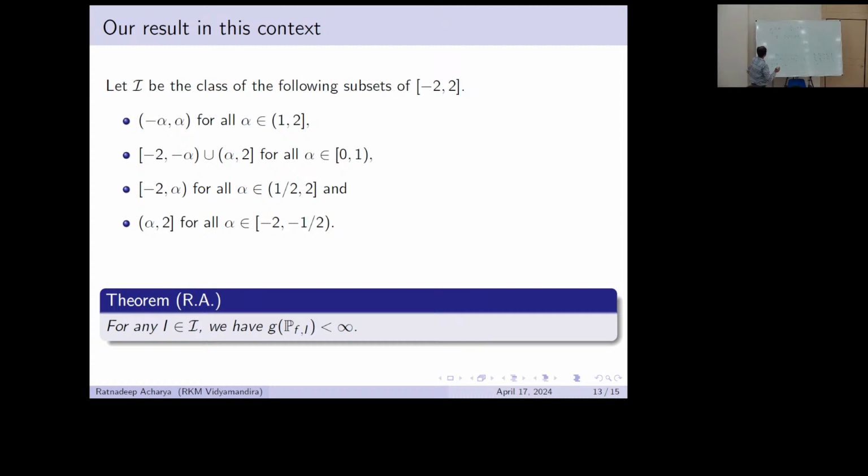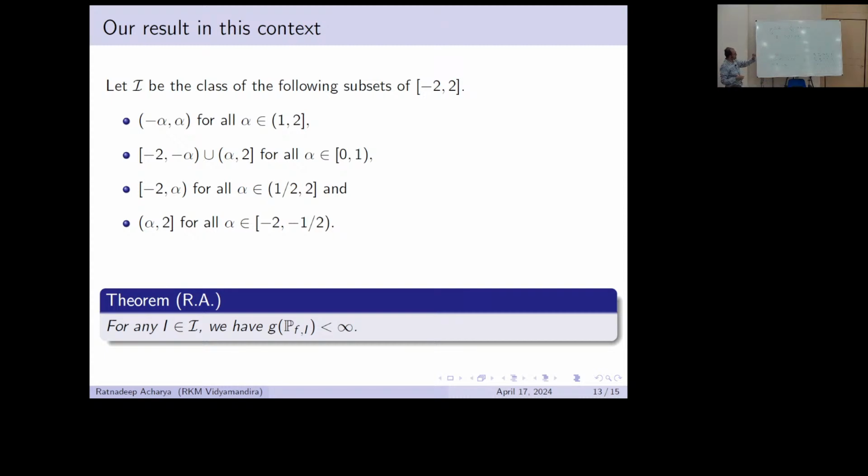First we consider intervals of the form [-alpha, alpha], where alpha should be bigger than 1. The next thing is another type of interval: [-2, -alpha] or [alpha, 2], where the absolute value of alpha should be strictly less than 1.